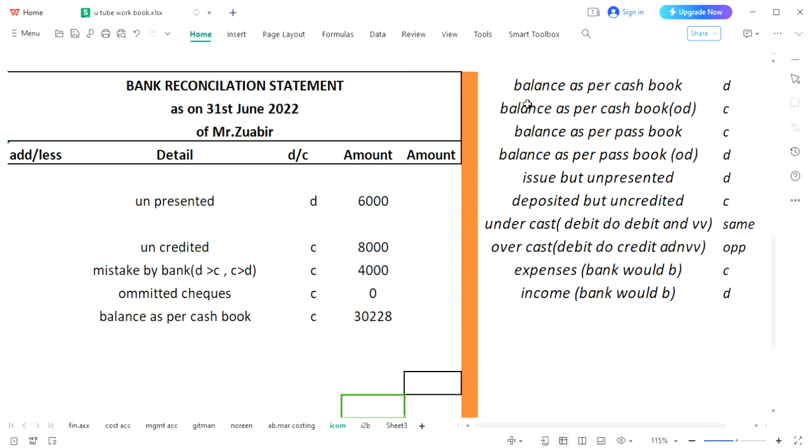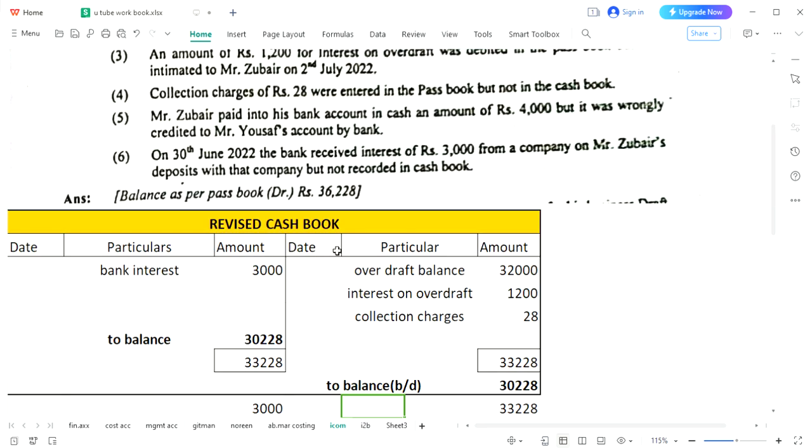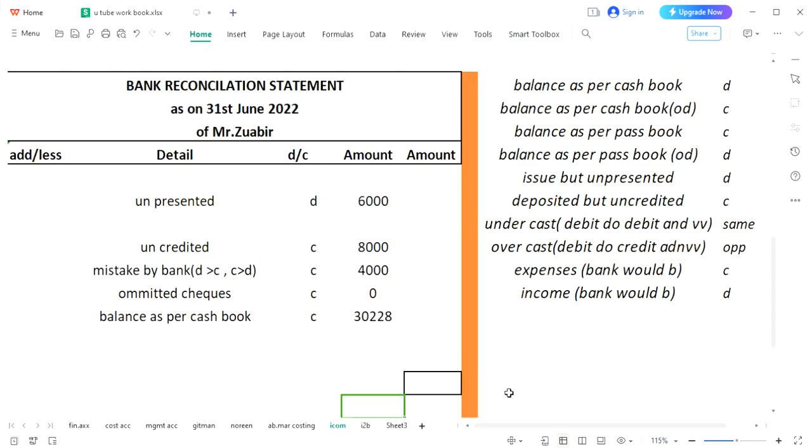So in this way our posting has been completed. Please understand again how you have taken this balance. You have prepared the revised cash book, calculated its balance, and you will see which side this balance has been brought down to. And since in this question you have brought this balance to the credit side, you will write your cash book balance or revised cash book balance at the credit side.